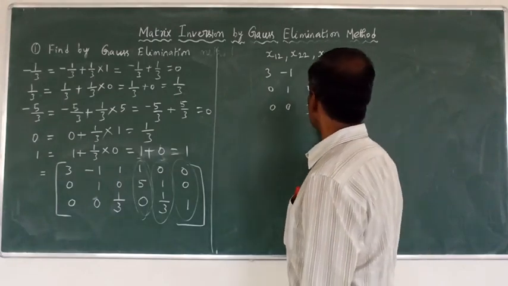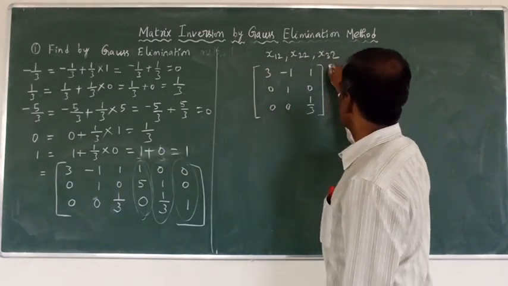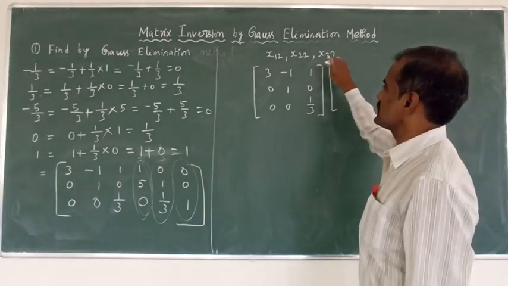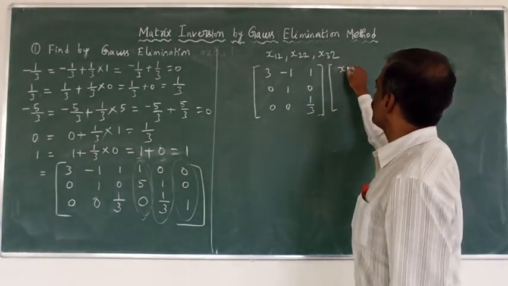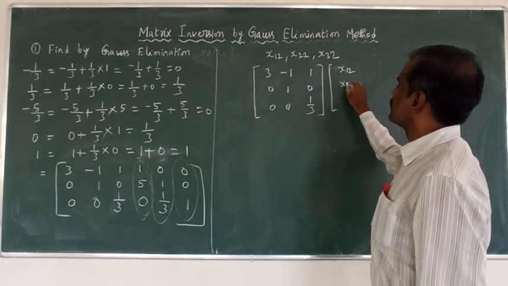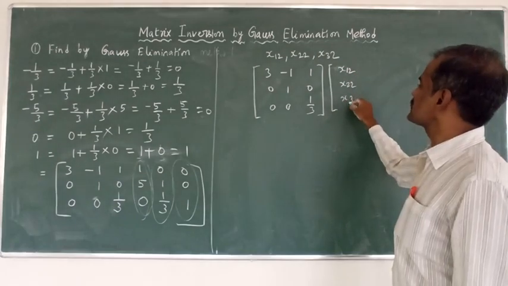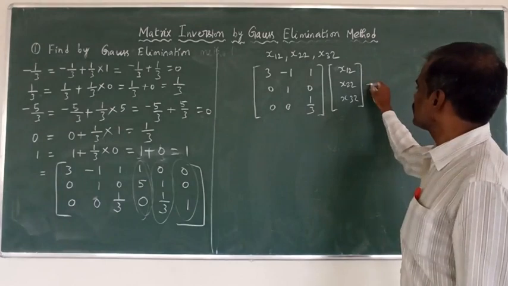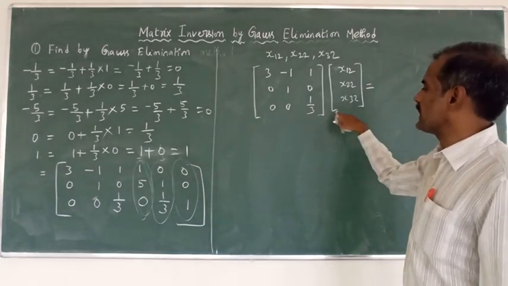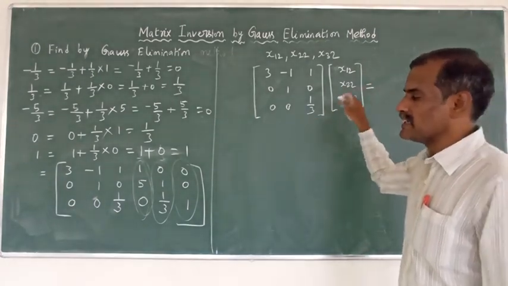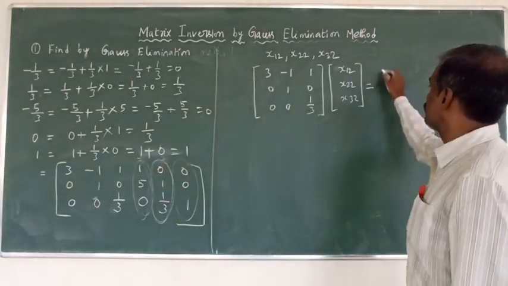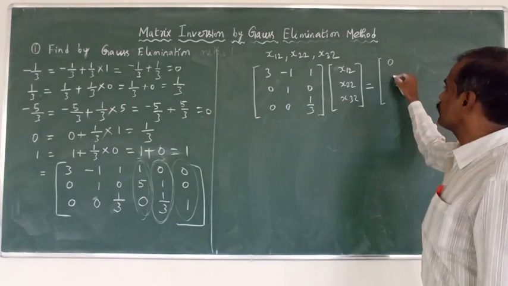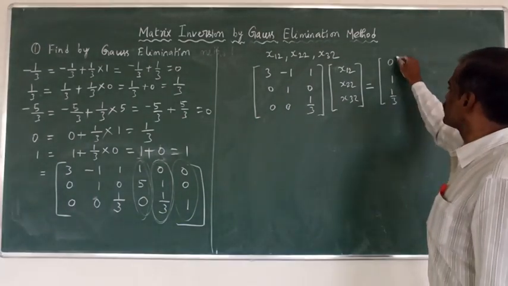This is for A. Now x second column, x12, x22, x32, is equal to the second column in I, which is 0, 1, 1 divided by 3.